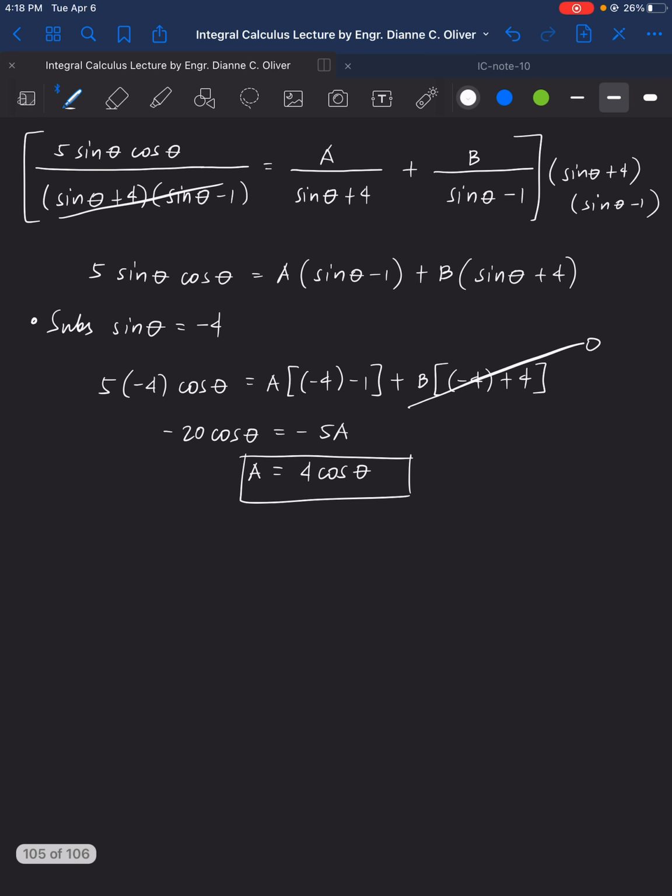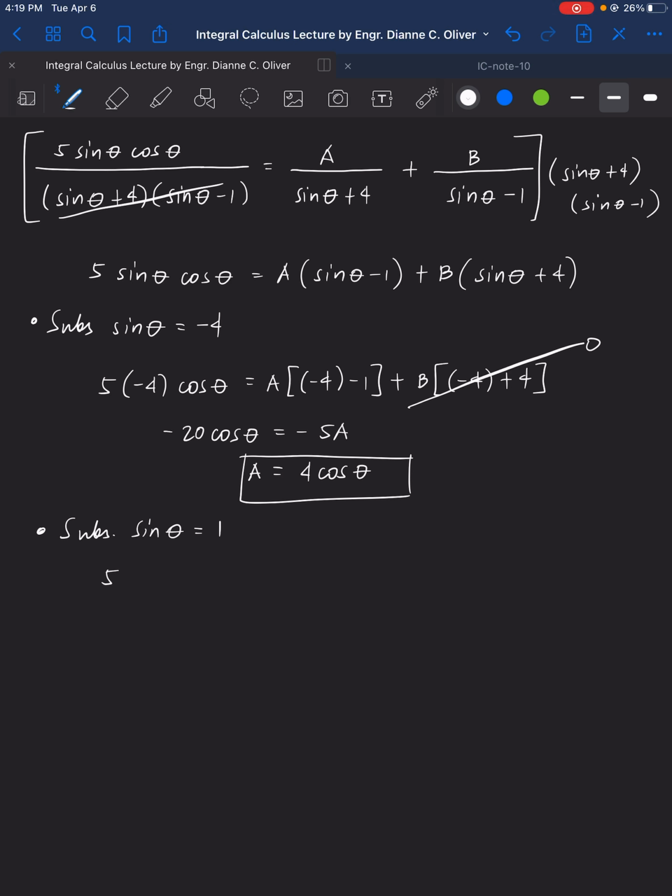Now how about for B? What will we substitute with sine theta so that we can remove A? So substitute sine theta with positive 1.